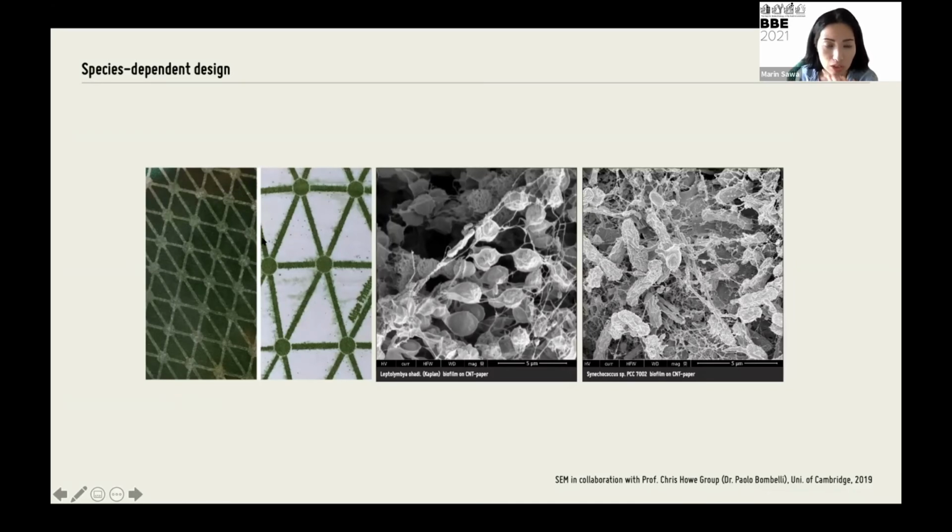Electron generation and tolerance to desiccation can be species dependent. Therefore, depending on which species you use, you can achieve different levels of bioelectricity generation and different levels of tolerance to desiccation. And tolerance to desiccation, in my case, is really important because this printed system is an open system rather than a closed system.